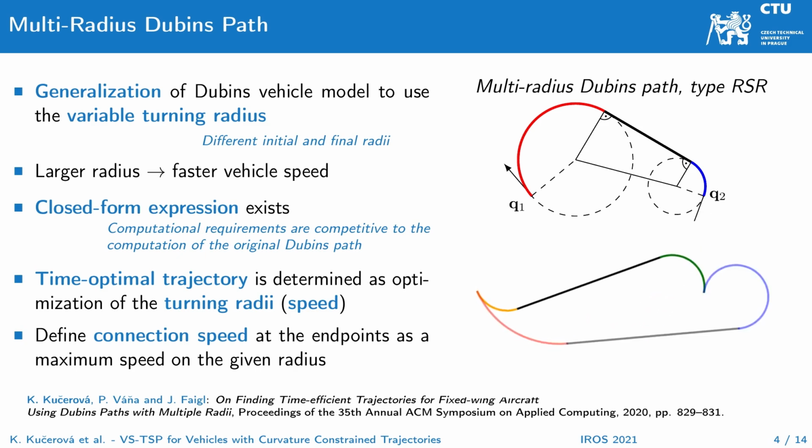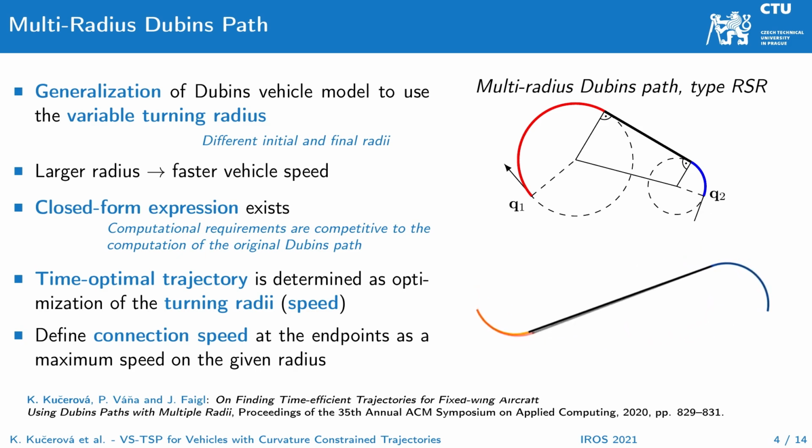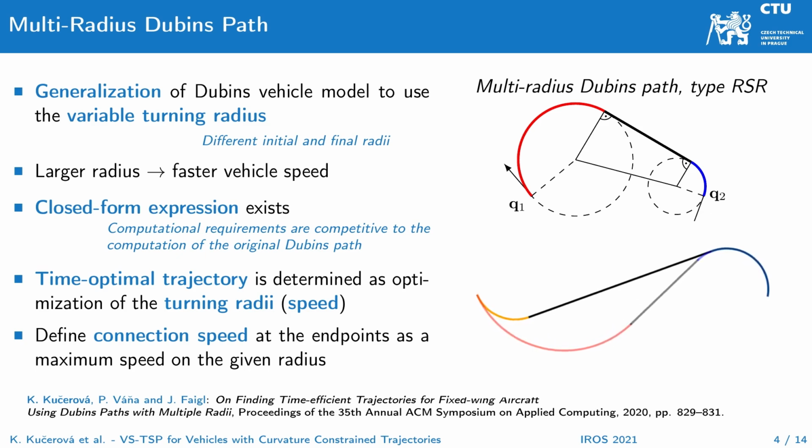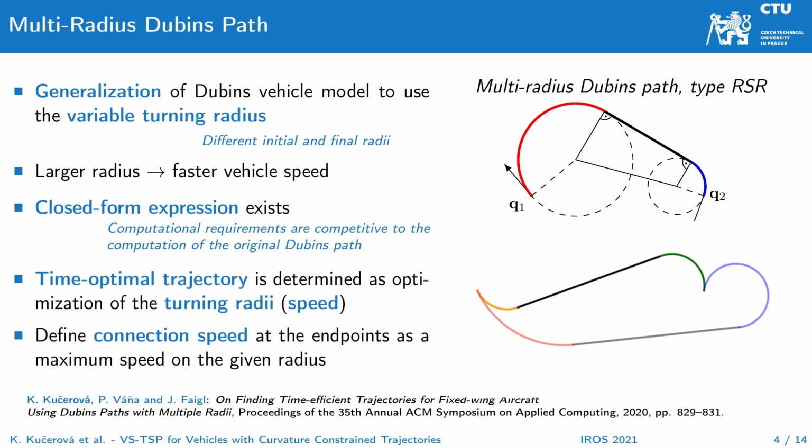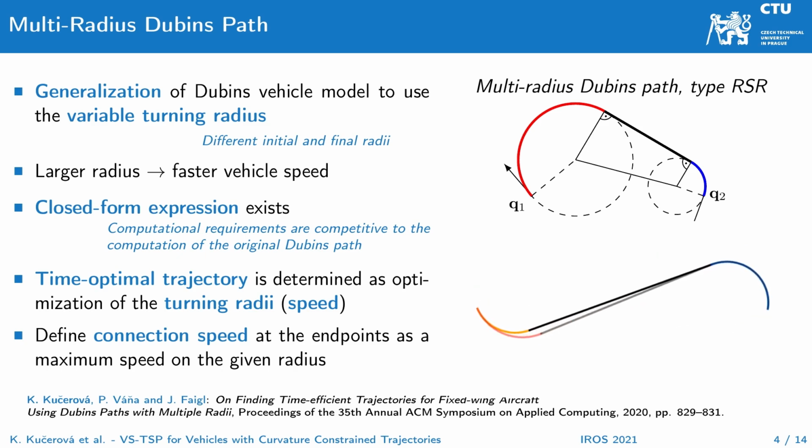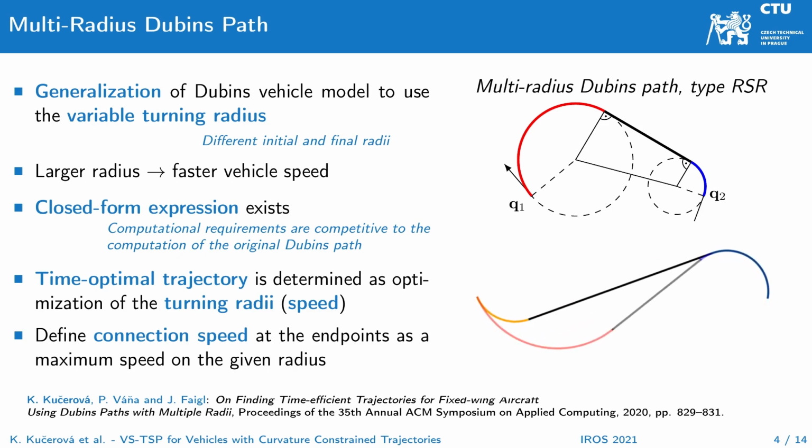The maximum speed of the vehicle on the trajectory is limited by the radius. It is defined that the maximum speed for a given radius must be used at trajectory endpoints. Therefore, the connectivity can be ensured by specifying the radius with the configuration at each location, because the same radius at each endpoint implies the same connection speed.